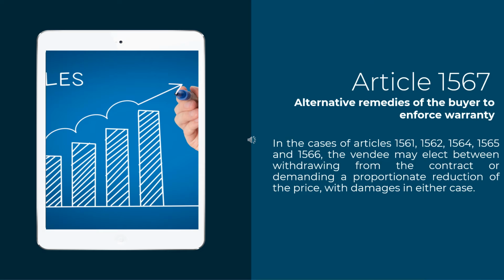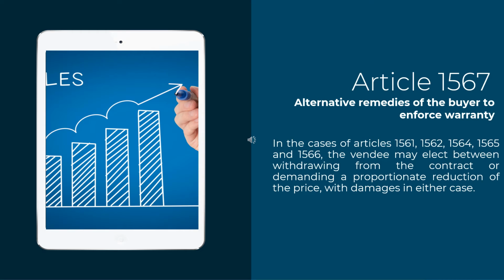This article allows the buyer alternative remedies to enforce warranty. Now, the vendee has the option. So, there are two options given to the vendee: either to withdraw from the contract with his vendor or to demand a proportionate reduction of the price, with the right to damages in either case.